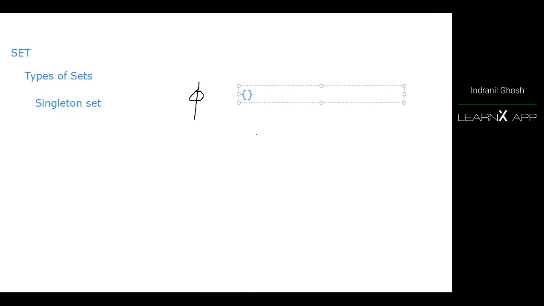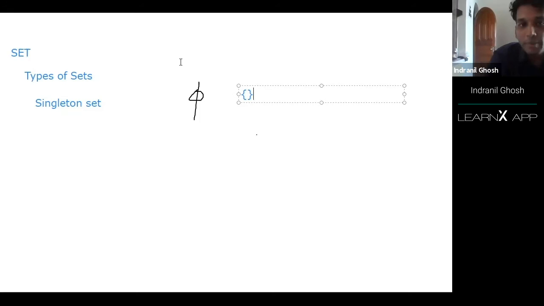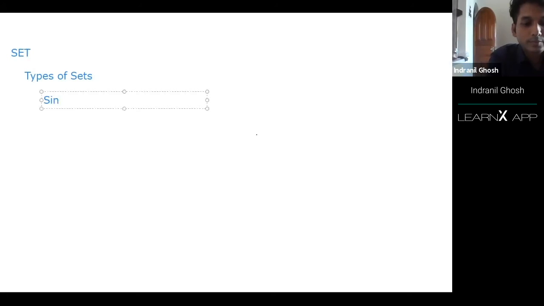There is no element, zero elements, in an empty set. In case of a singleton set, we have only one element in that set.